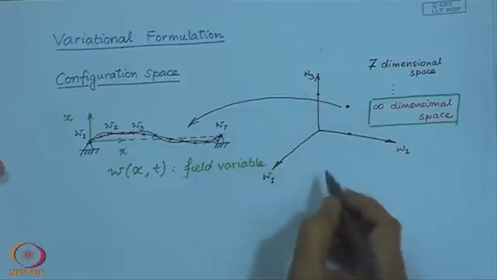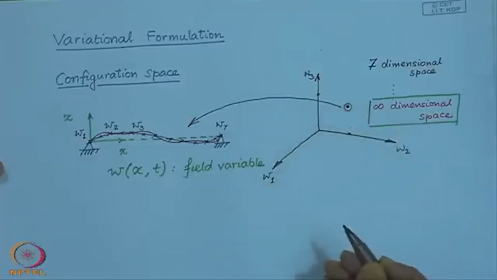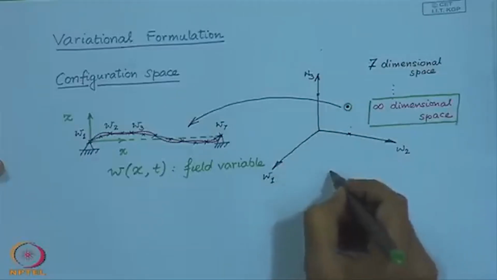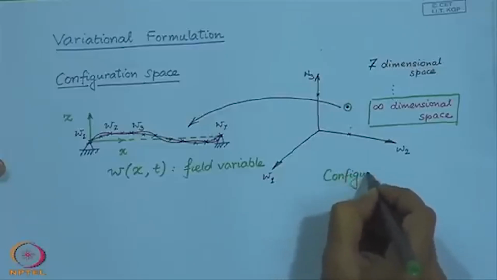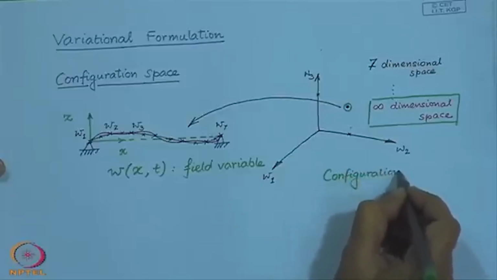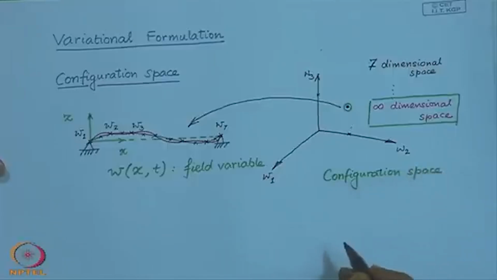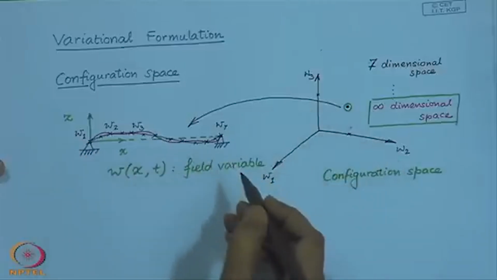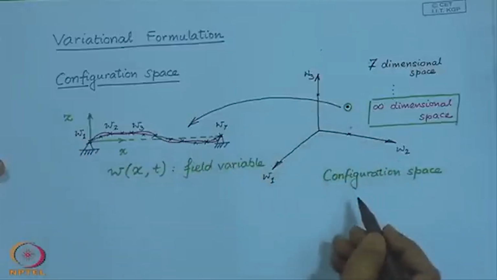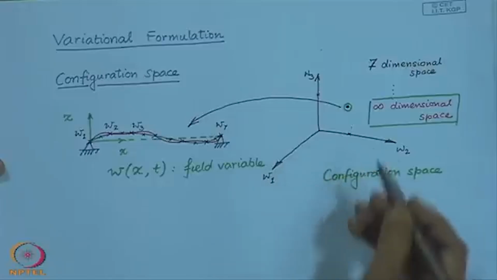So, this space in which a point represents any configuration of the string is known as the configuration space of the string. So, you can clearly see that for a string and for any continuous system, the dimension of the configuration space is infinity.